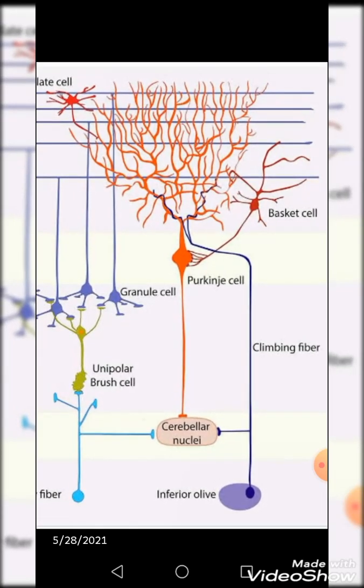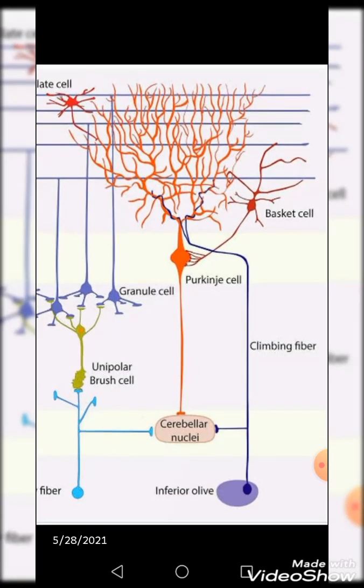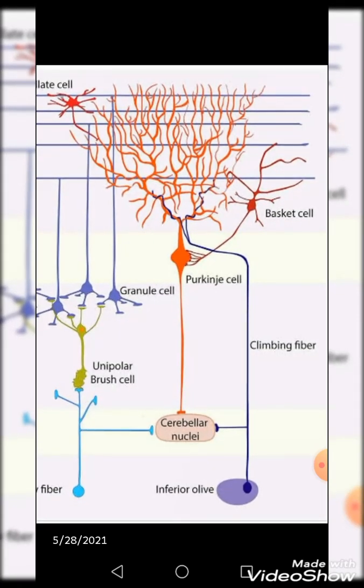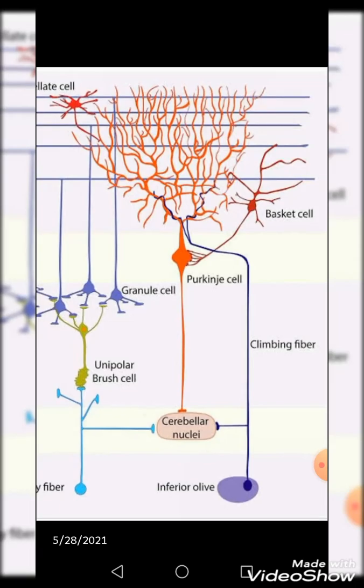So how can we learn where these fibers go? Memorize a mnemonic line: climb to the mountain. So climbing fibers are climbing to the molecular layer, hence the word mountain I have used, right?